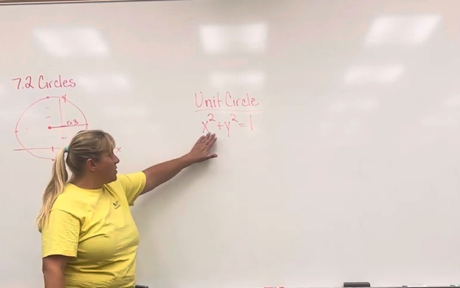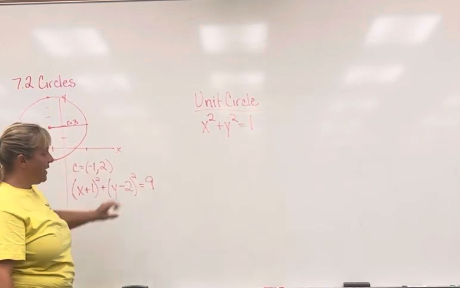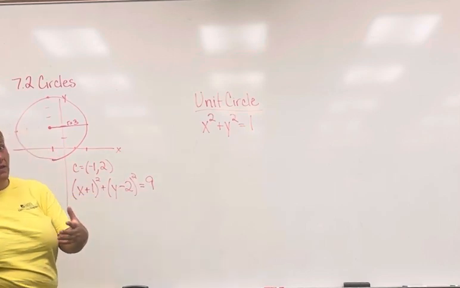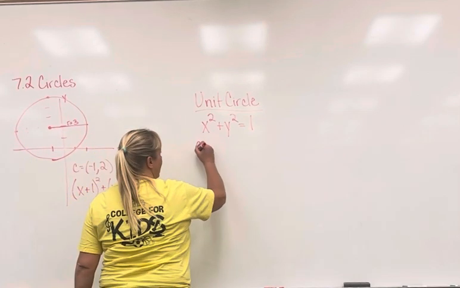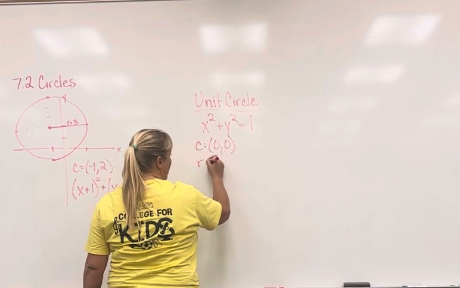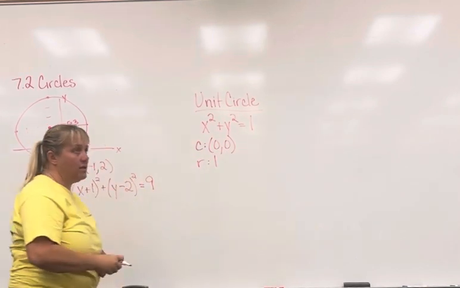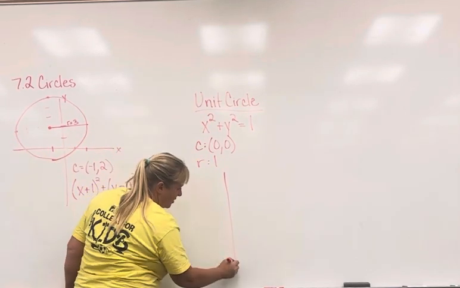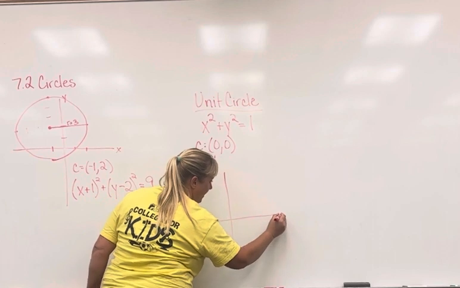So it's got the x squared and the y squared, but it doesn't have anything with it. And because there's nothing with it, that means that the center is 0. So the center to this guy is 0, 0, and the radius is 1. So this is just the little graph of a circle that's centered at the origin with radius 1.